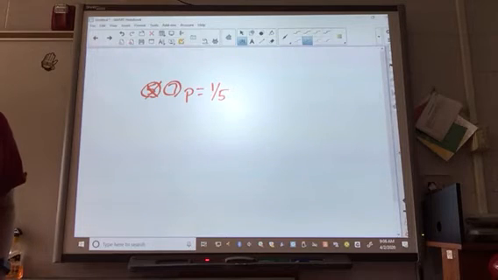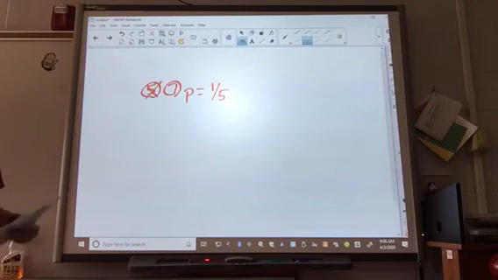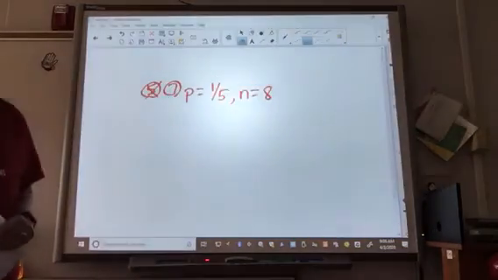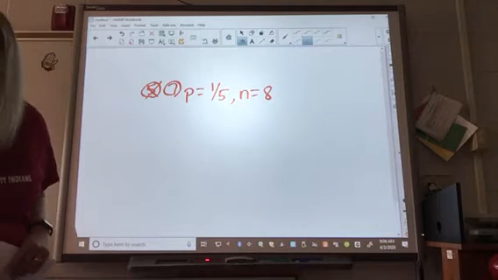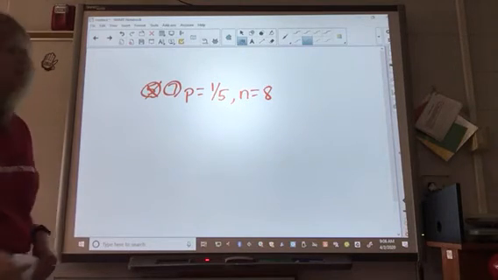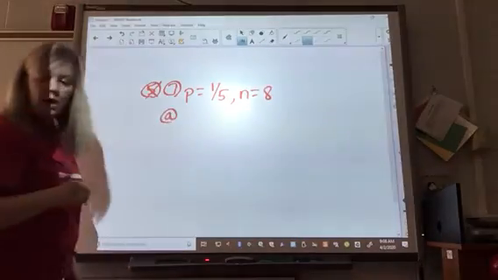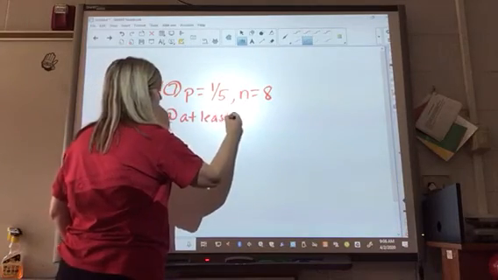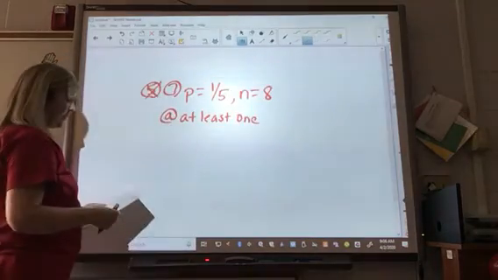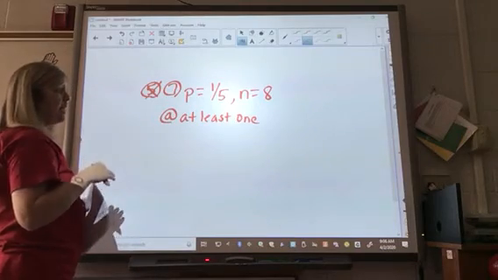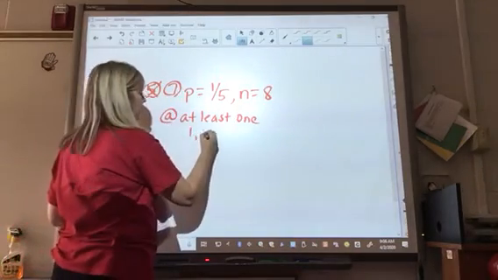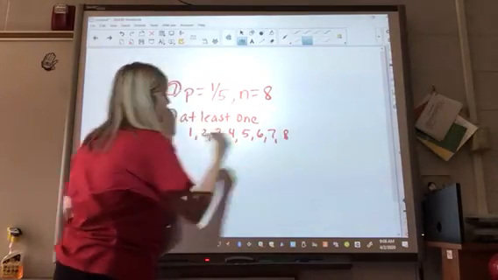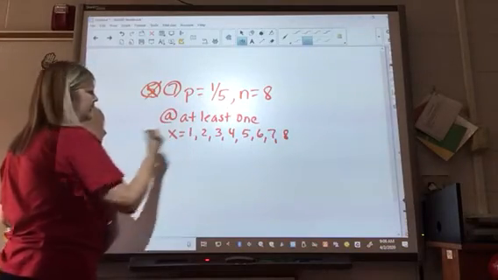Assuming this is true, calculate the following for 8 randomly selected, that's your n, today's marriages. All right, A says find the probability of at least 1. Okay, that means 1 or greater. So that's going up to 8 because 8 is my n. Okay, so these are my x's.